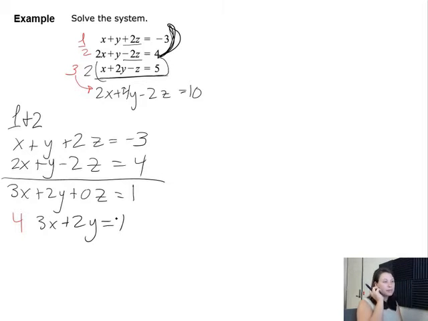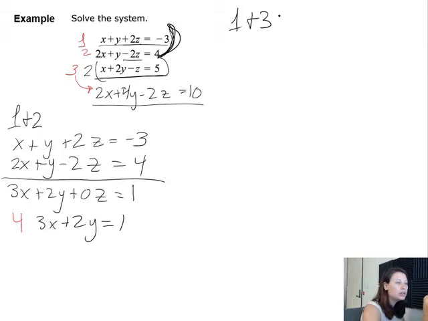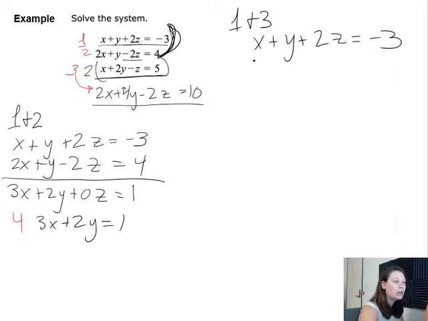Our next step is to get rid of z out of this equation. To easily do that, we want to use 1 and the second version of 3. So next is 1 and 3. That's x plus y plus 2z is equal to negative 3, and 2x plus 4y minus 2z is equal to 10.